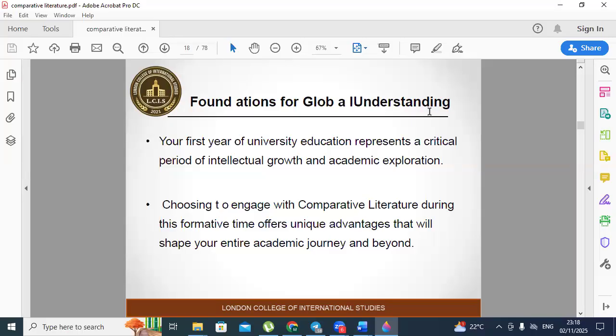It then makes a strong claim. Choosing comparative literature during this formative time offers unique advantages that will shape your entire academic journey and beyond. It's positioning this field not just as another course, but as a foundational pillar for your entire university education and your development as a global citizen.